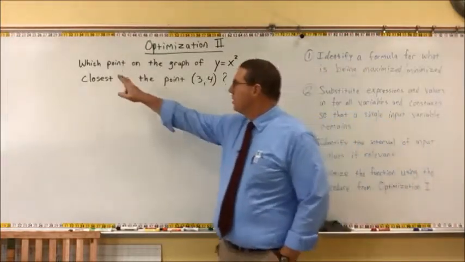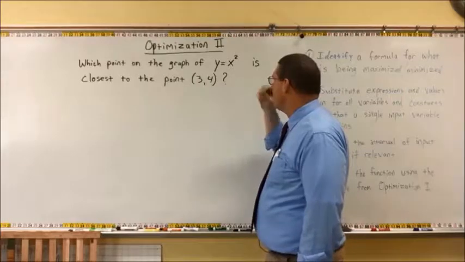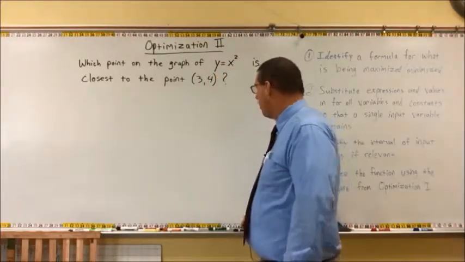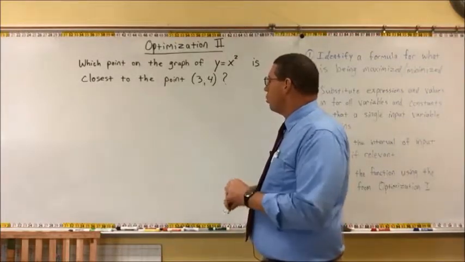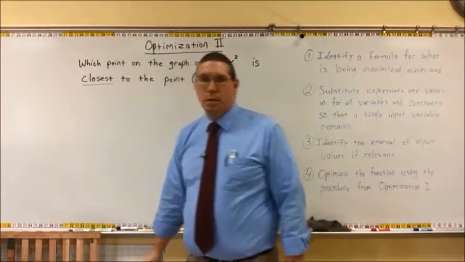But here's what the question says. It says, which point on the graph of y equals x squared is closest to the point (3, 4)? And so this word closest, what does the word closest mean?